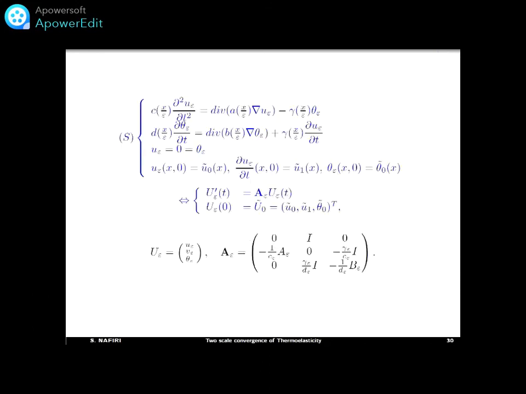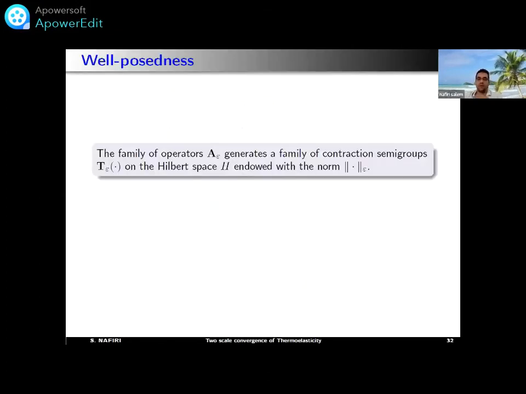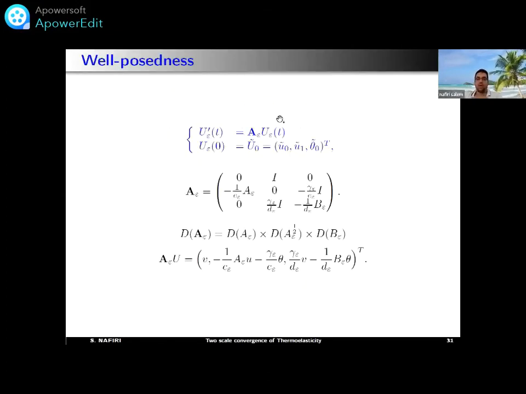Okay, so as usual, we have to verify that our problem is well posed. So I write my problem as a Cauchy problem: U' equals bold A epsilon U epsilon, and here is my operator A epsilon with domain defined in this way.